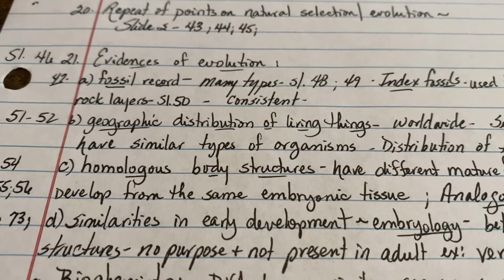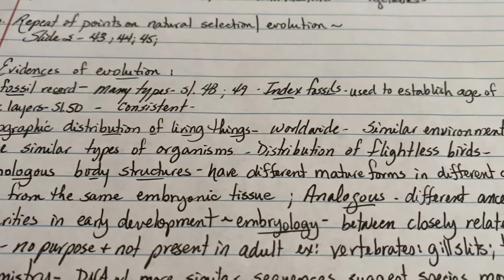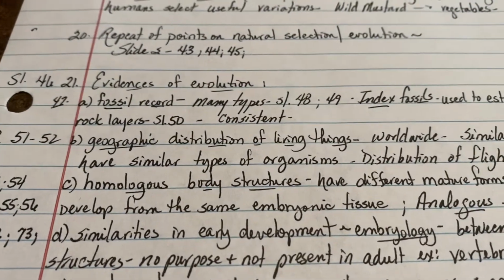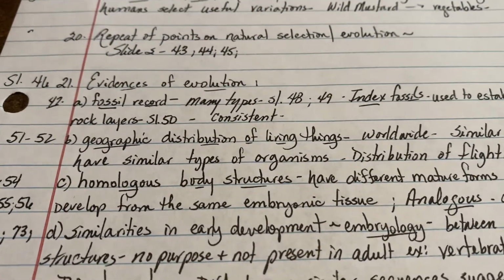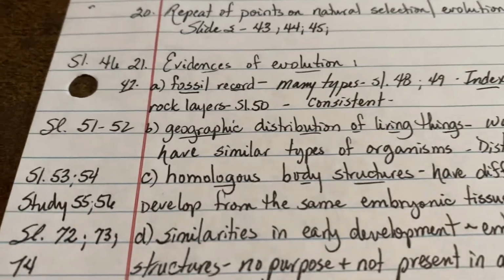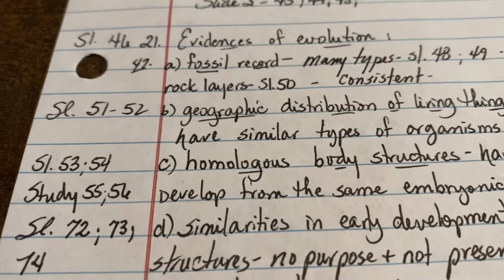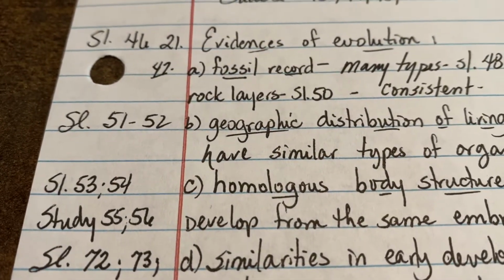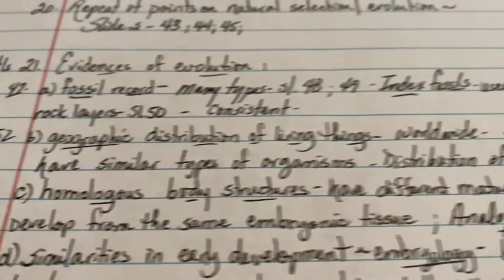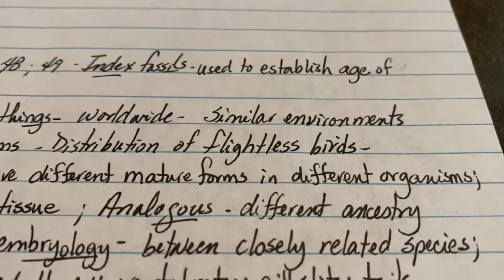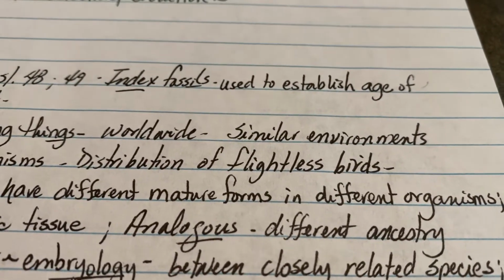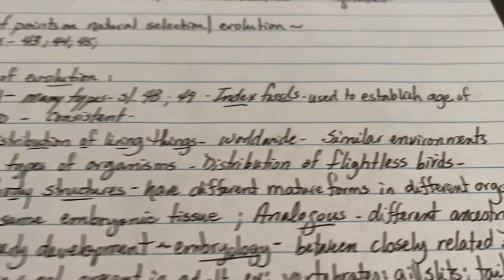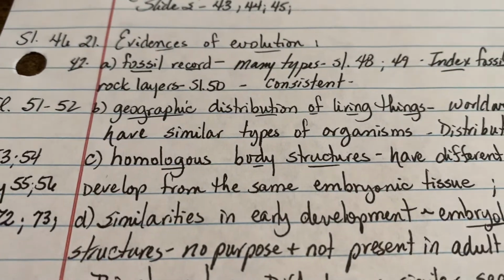Homologous body structures. We have different mature forms in different organisms that develop from the same embryonic tissue. And make sure that you look at slide 53 and 54 and really study slide 55 and 56. Analogous says that you appear similar, but you have a different ancestry.